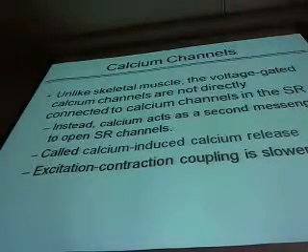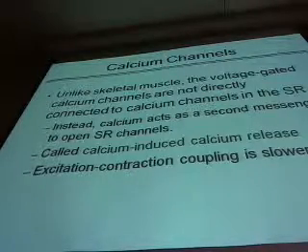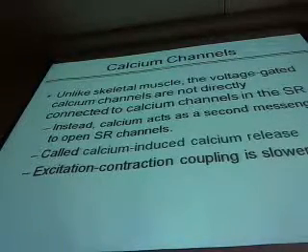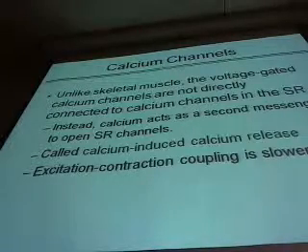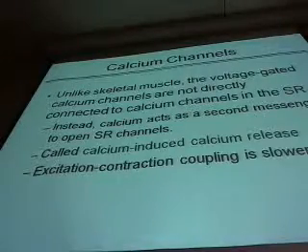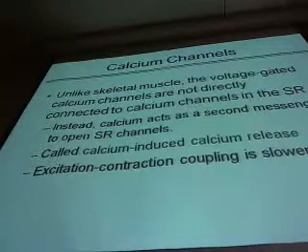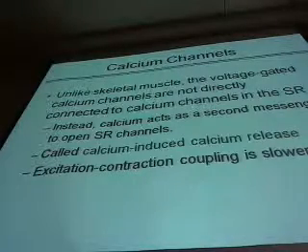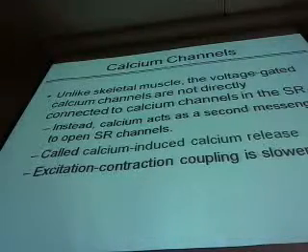Instead, in the heart, the calcium comes in and it activates a second calcium gate that releases about 10 times more calcium, which gets in and causes the depolarization.